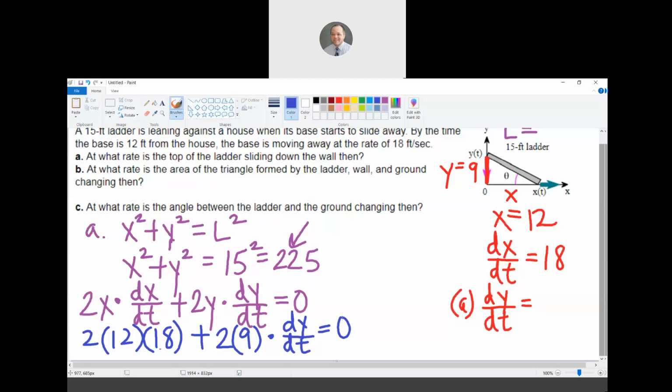Now, I'm just multiplying 2 times 12 times 18. That gives us 432 plus 18 dy dt equal to 0. Now, I'm moving the 18 dy dt to the right-hand side, and it now becomes negative 18 dy dt.